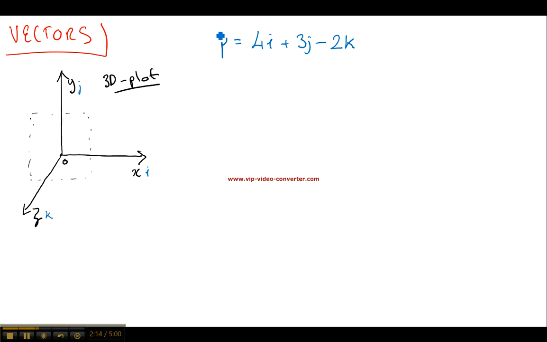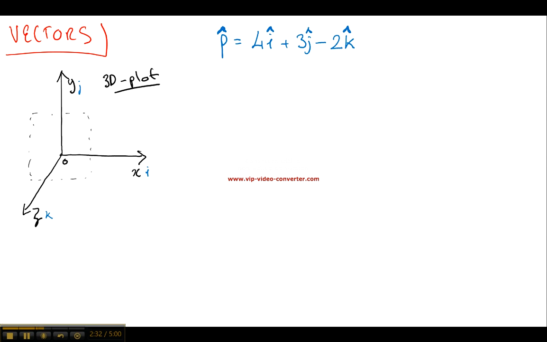Usually you might see these little hats on them, just so people don't get confused with complex numbers, so that we know it's a vector, maybe not any algebra or anything like that. So a couple of little theory parts there.